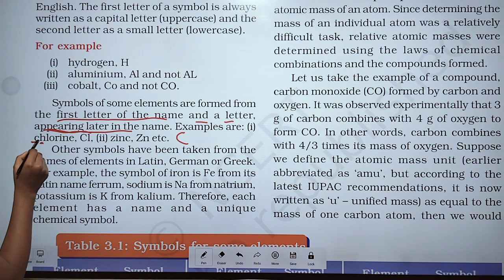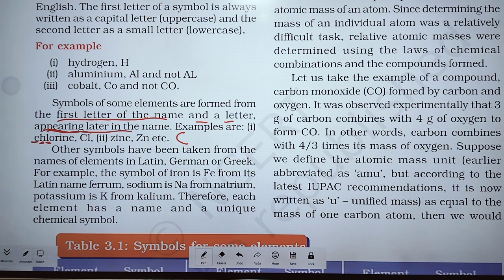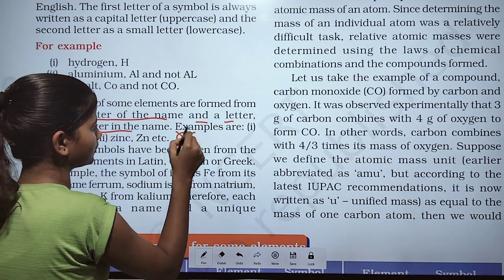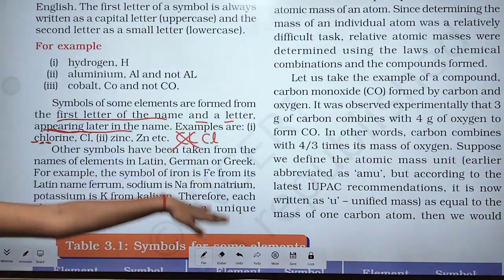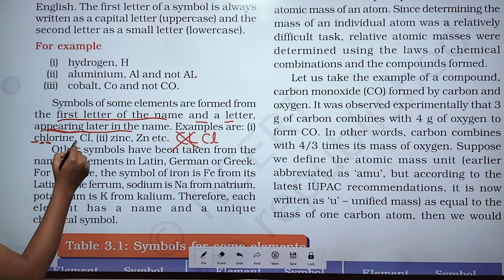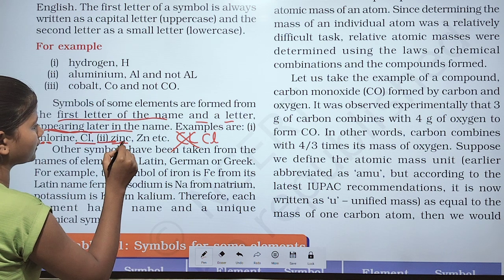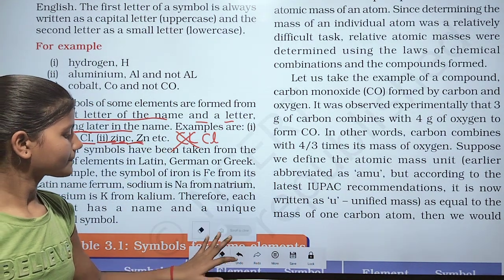So we do not include the second letter, we include L, the third letter. We write C as a capital and l as a small letter, Cl. And zinc: Z is the first letter and n is the third letter. Zn, etc.